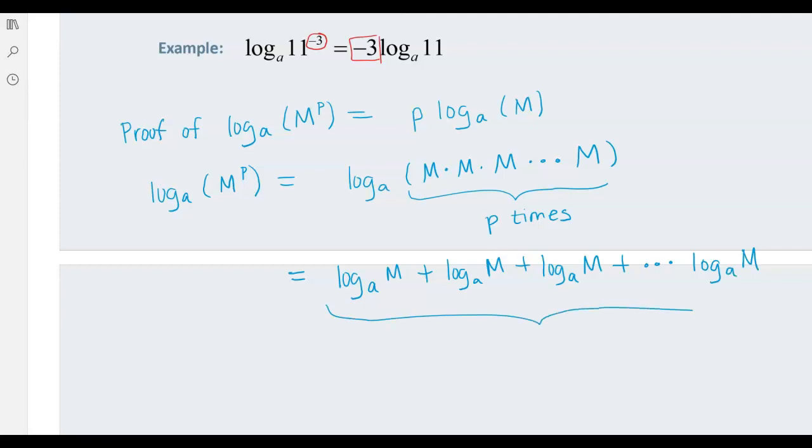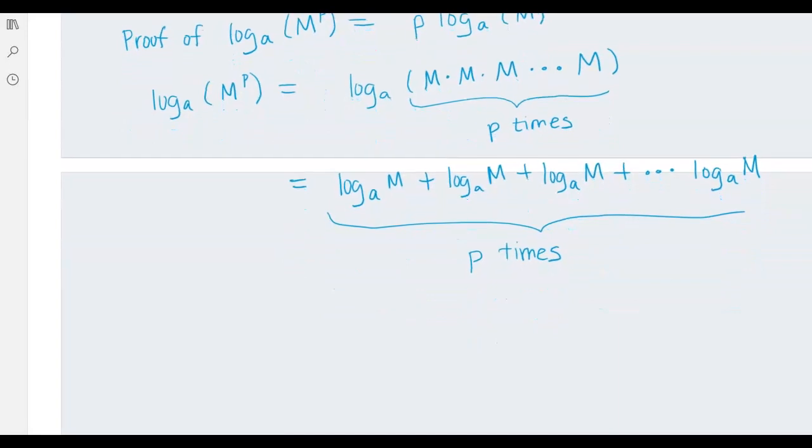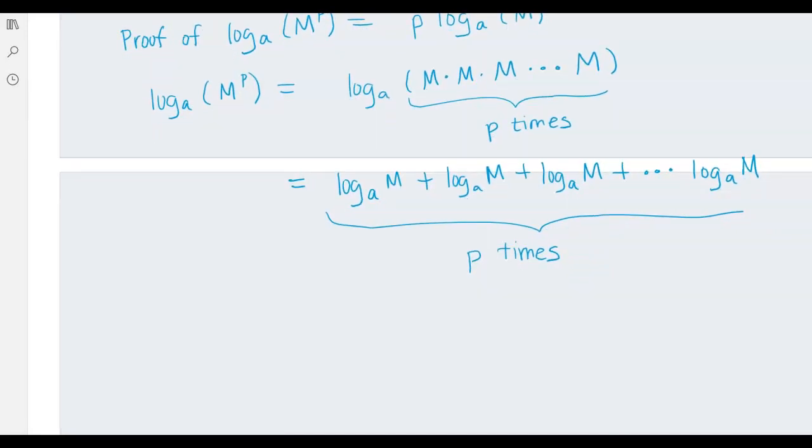And again, there are going to be p sets of these. So instead of saying I have, let's say, x plus x plus x plus x, I could just say that this is 4x, right? So simplifying this, this is going to be p sets of log a of m.